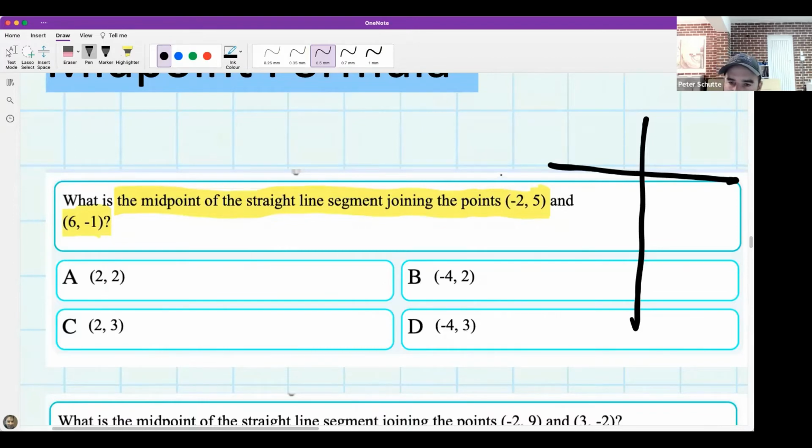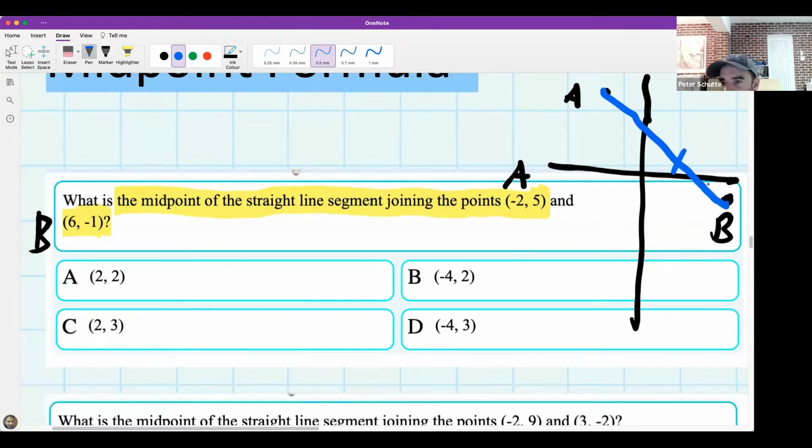So if we think of this being maybe like point A and this being point B, -2, 5, so maybe it's somewhere up here, and 6, -1, maybe it's down here. You don't have to do the drawing, but I'm trying to find where is halfway between these 2 points. Can you remember what we did?